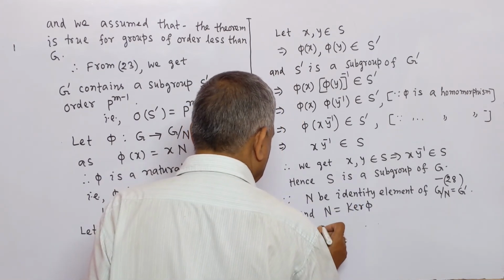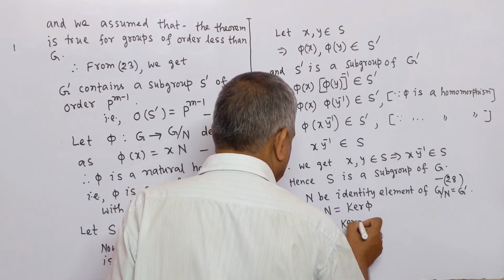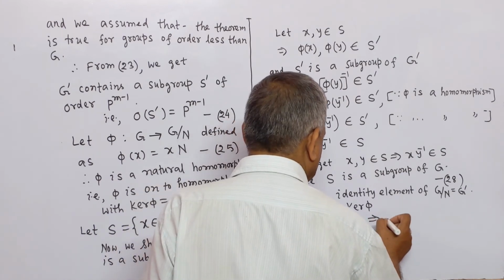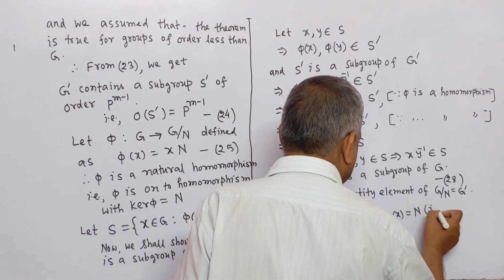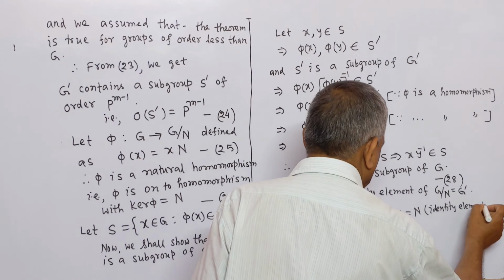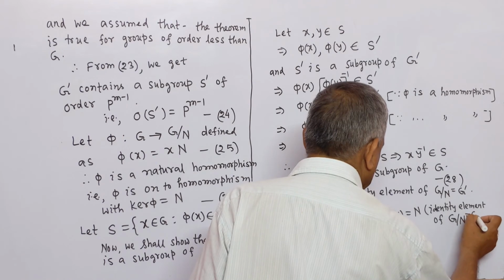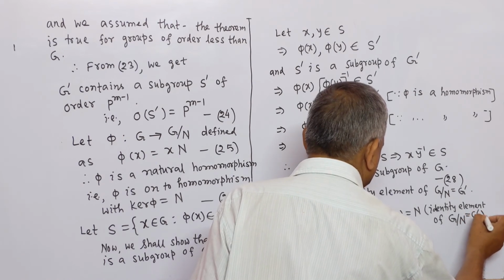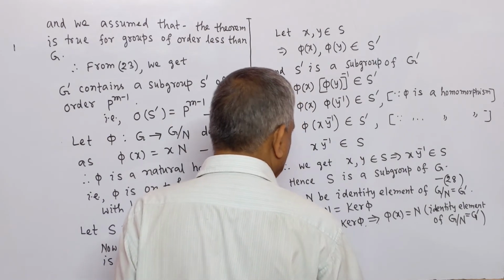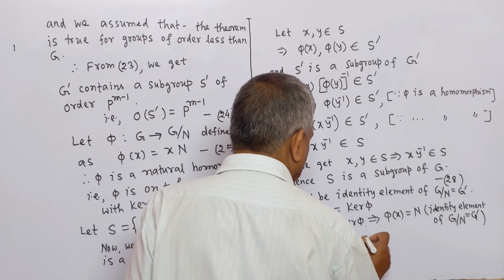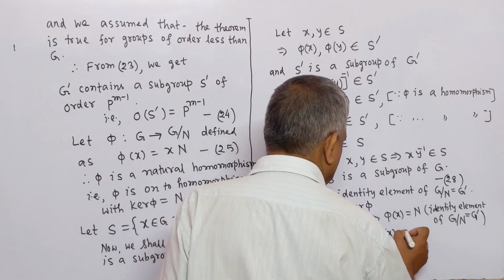Therefore, if x belongs to kernel of phi, implies that phi x equal to N, identity element of quotient group G by N, that is G prime, implies that x belongs to N, implies that phi x equal to N.